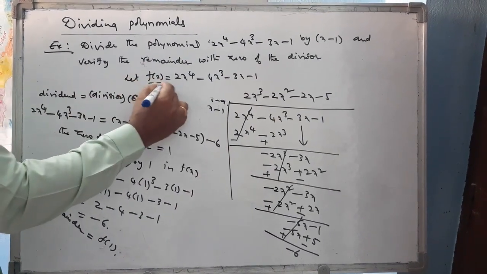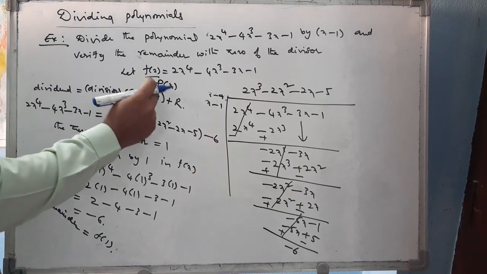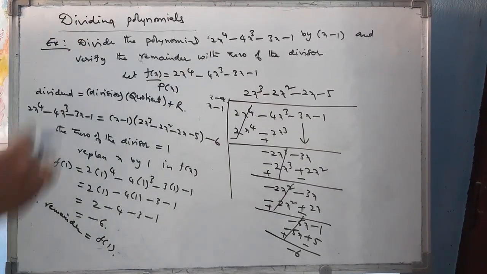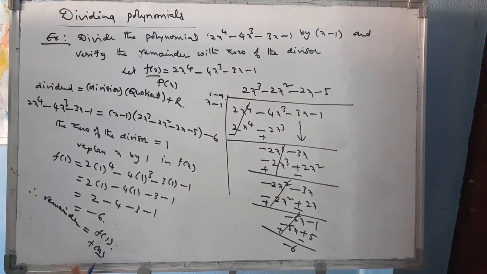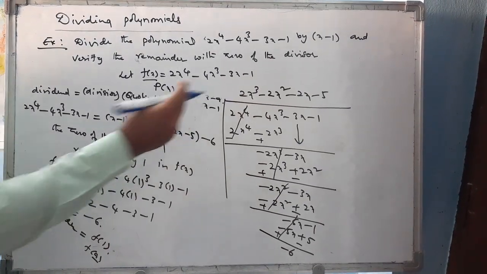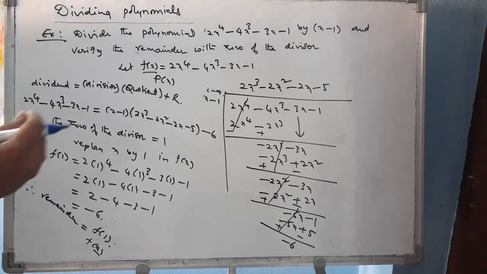Now f of x we are taking as p of x. Now when p of x is divided by x minus a, then the remainder becomes p of a, where a is the 0 of the polynomial x minus a. This is known as the remainder theorem. So what is the remainder theorem?